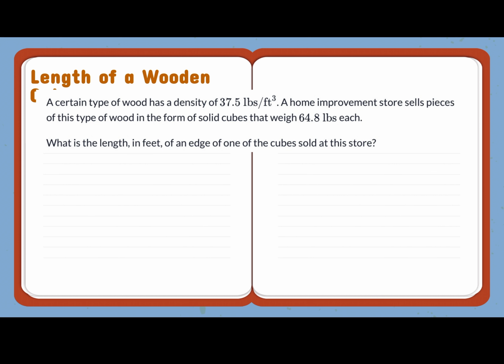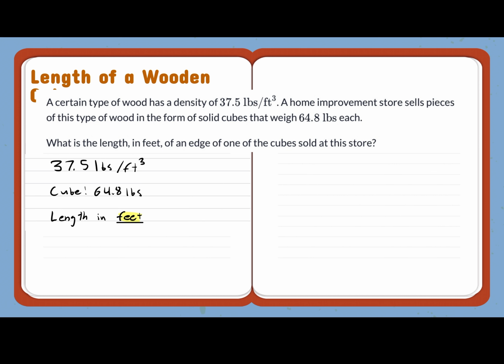So when you start off, again, just write down what you're given. We have the density, and we also have how much the cube weighs. So we want this in length in feet. So if you want to line this up like this, we have density, and this is what we're looking for. We just don't know how many feet are for each cube.